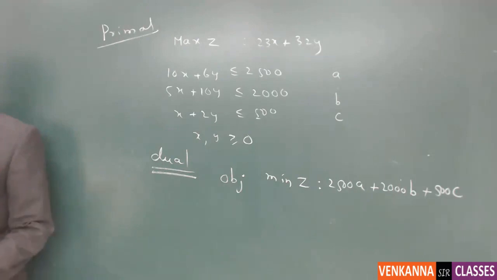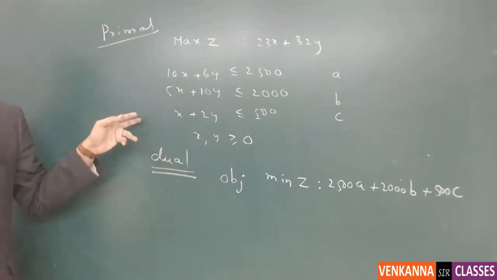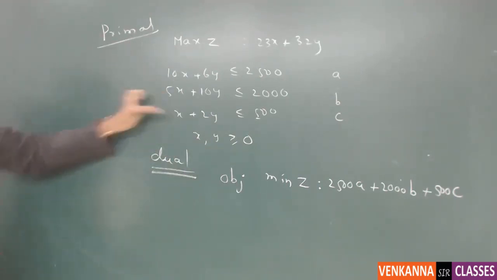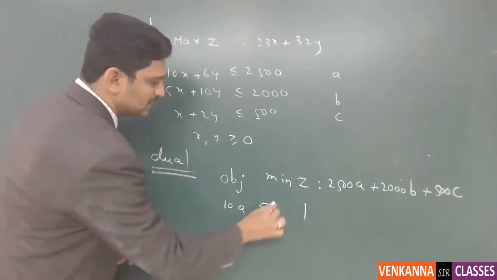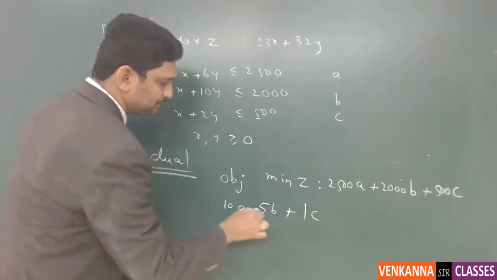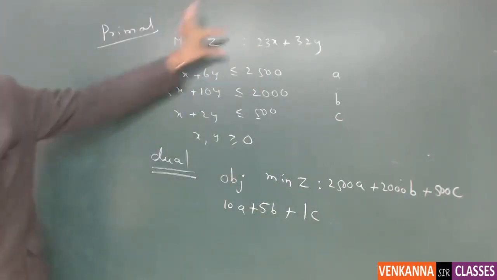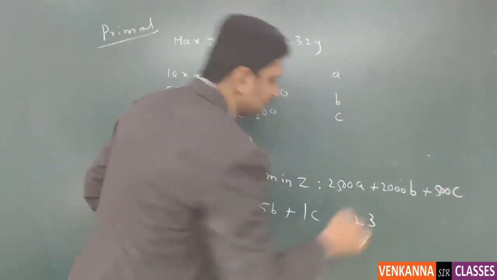Now, in order to get the respective constraints, take the transpose of this matrix. You simply take the columns: 10, 5, 1, so A, B, C. This corresponds to the first one, because the first column is taken with the first constraint. This will be 23.